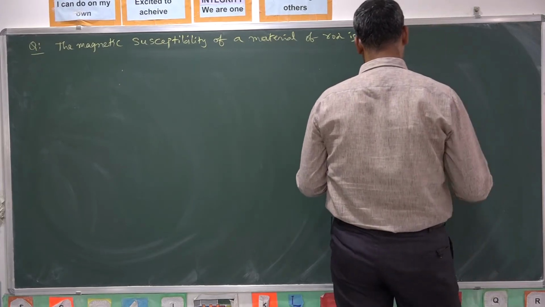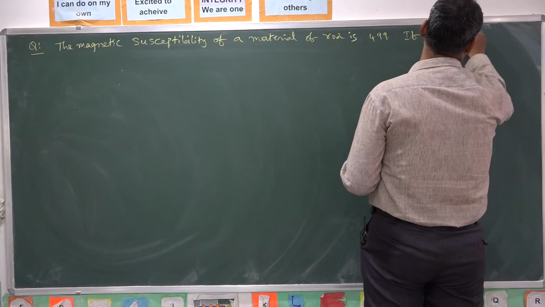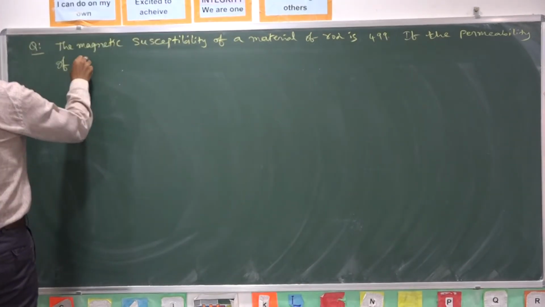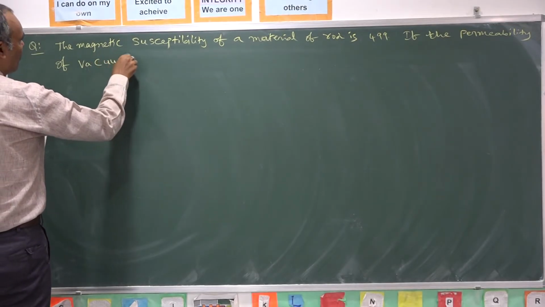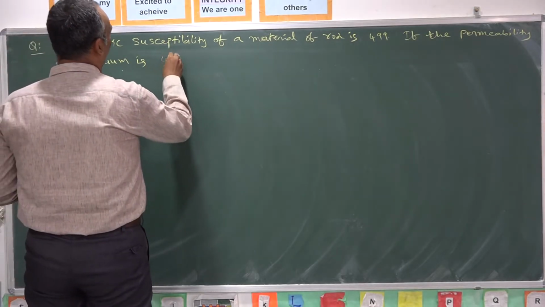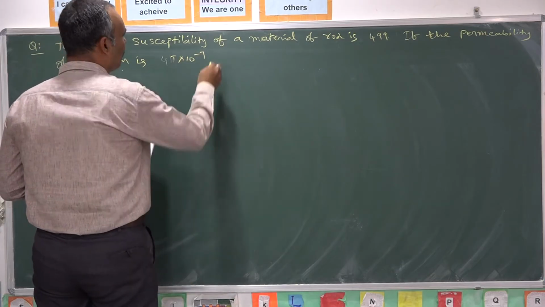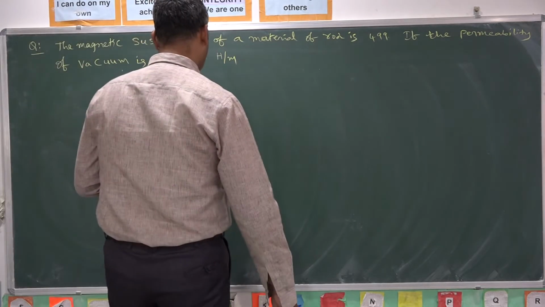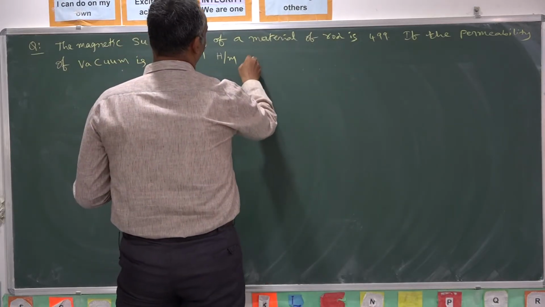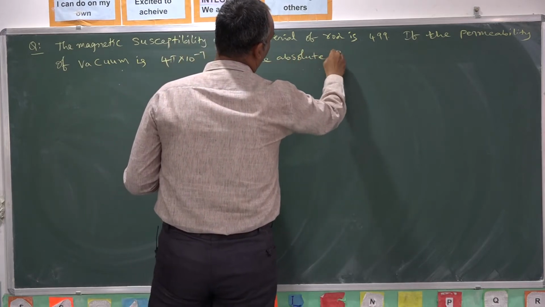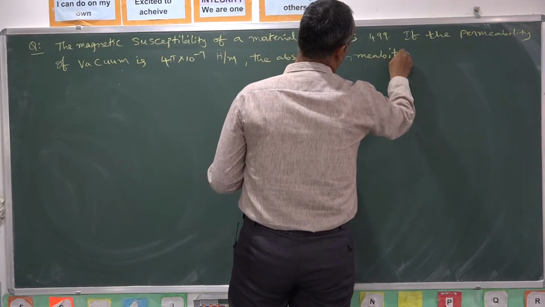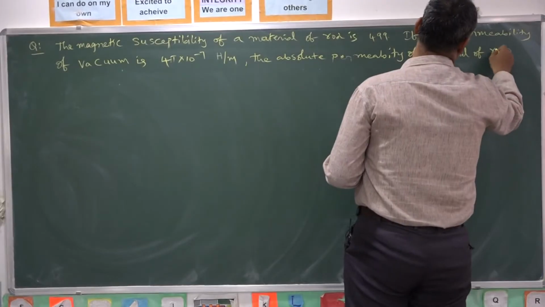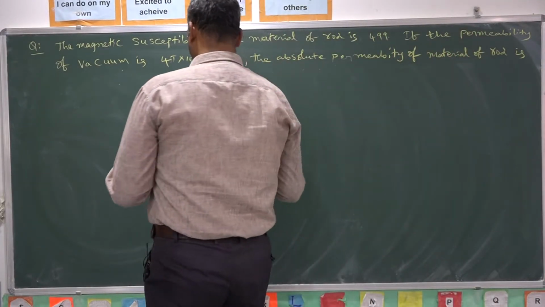If the permeability of vacuum is 4 pi into 10 power minus 7 Henry per meter, the absolute permeability of the material of the rod is. This is a question given in 2003 EAMCET.